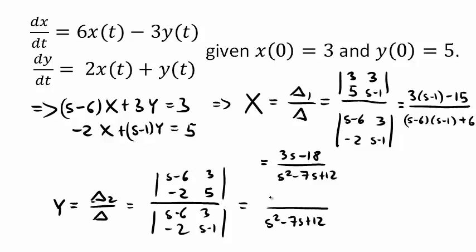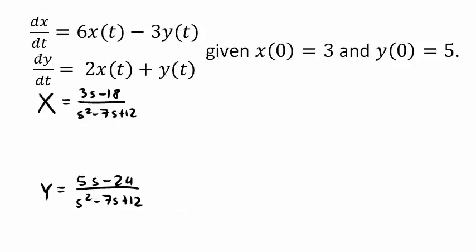And in the numerator we've got (s minus 6) times 5 plus 6. So that comes to 5s minus 24, and the denominator is still s squared minus 7s plus 12. So let me tidy this up again.